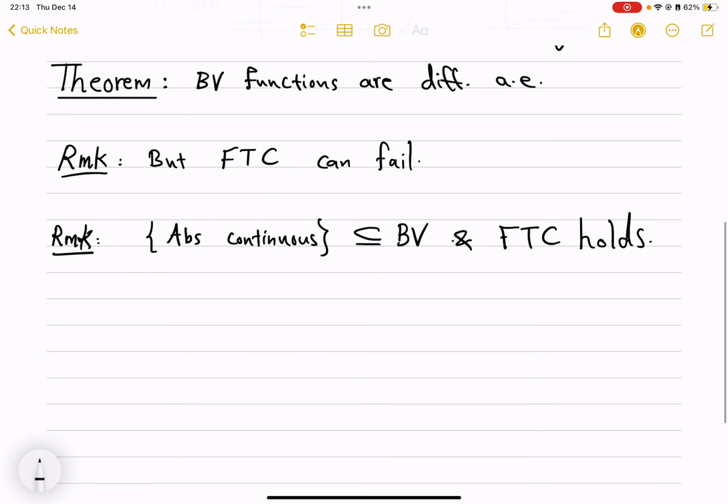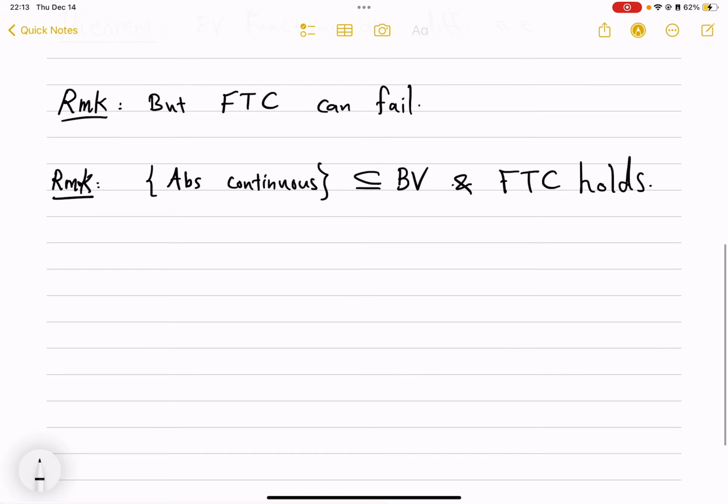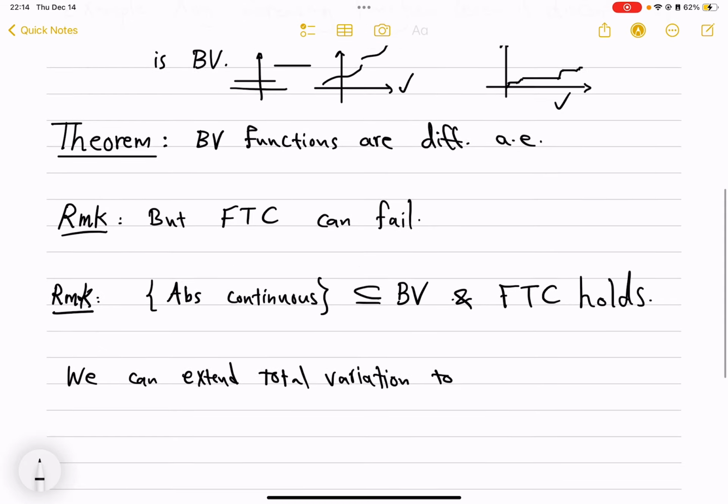Now the bonus question I have for you is this. We can use this total variation and extend this definition above.